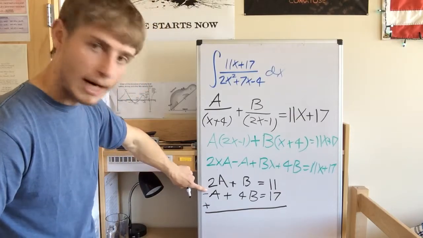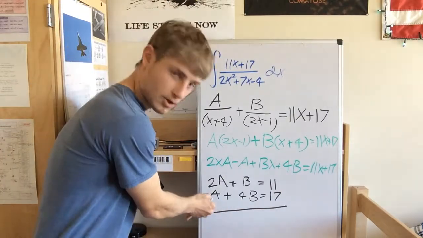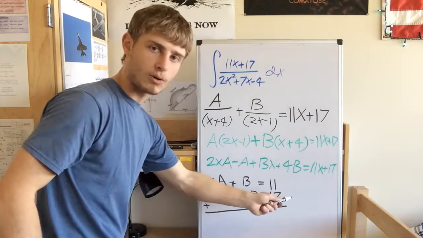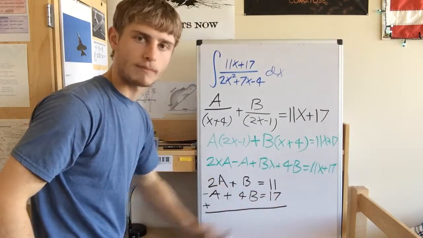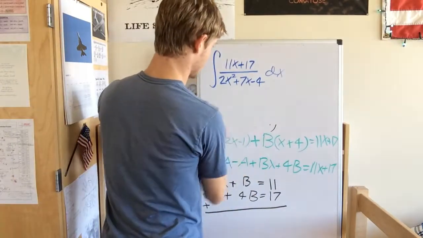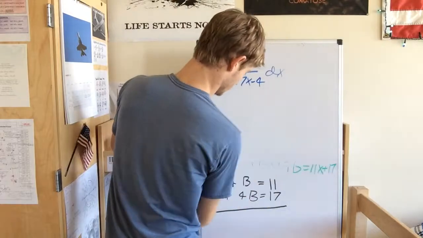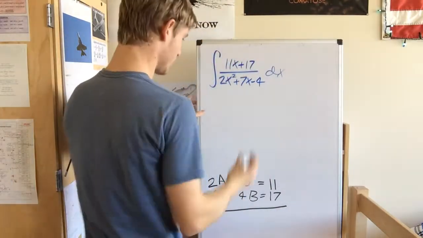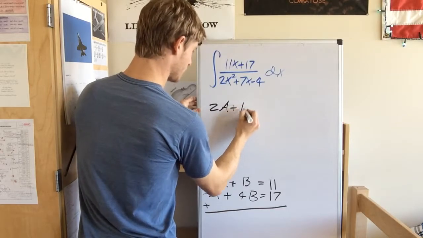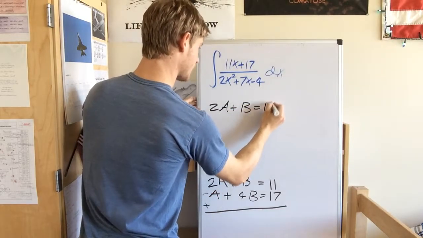So if we multiply the bottom by 2, we're going to get 2a, we're going to get 8b, and we're going to get equals 17 is going to be 34. So I'm going to write all this up here again. We're going to get 2a plus b equals 11.